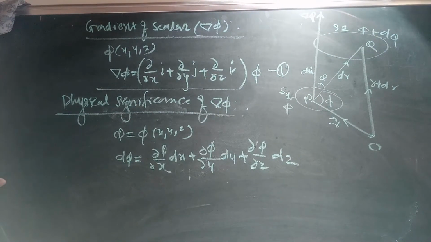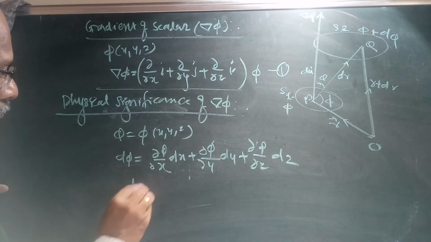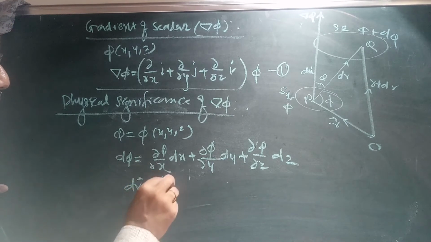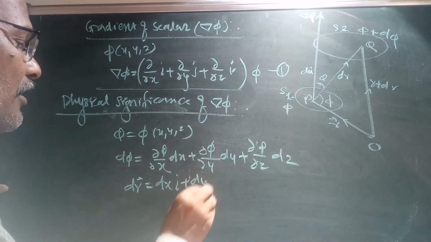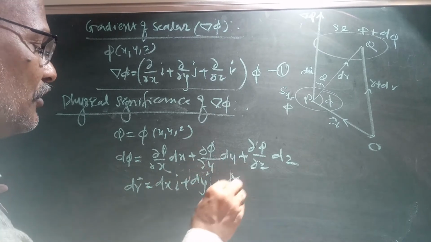So we can have dr is equal to dx i plus dy j plus dz k.